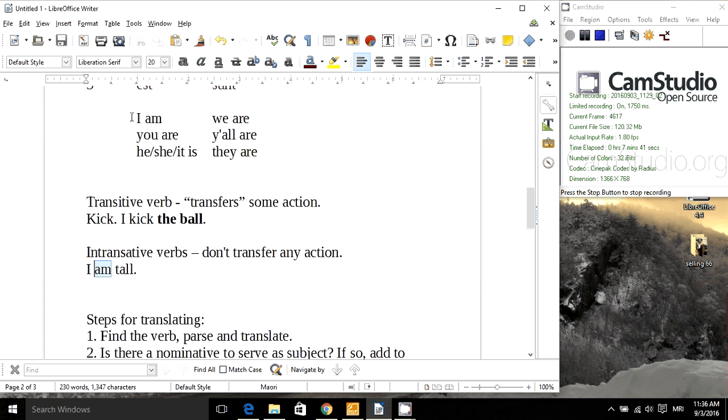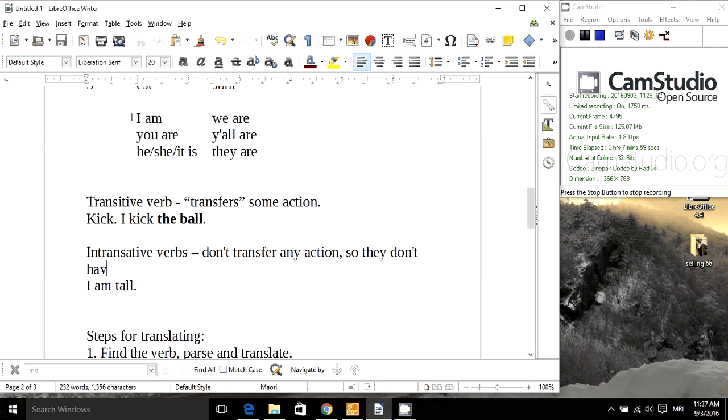To say that I am tall, that am isn't doing anything to the word tall in the same way that I kick the ball is transferring action. So the intransitive verbs don't take objects. Intransitives don't transfer any action, so they don't have objects in the accusative.